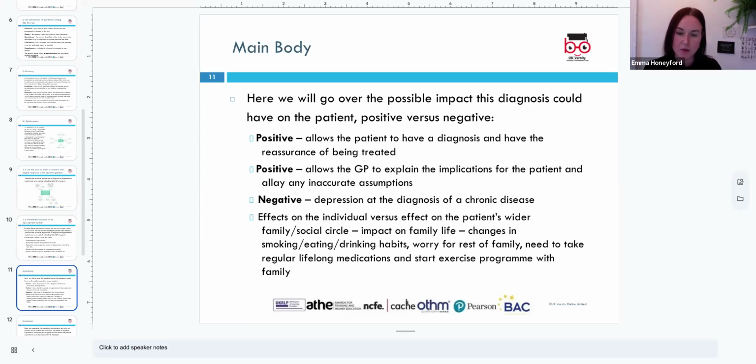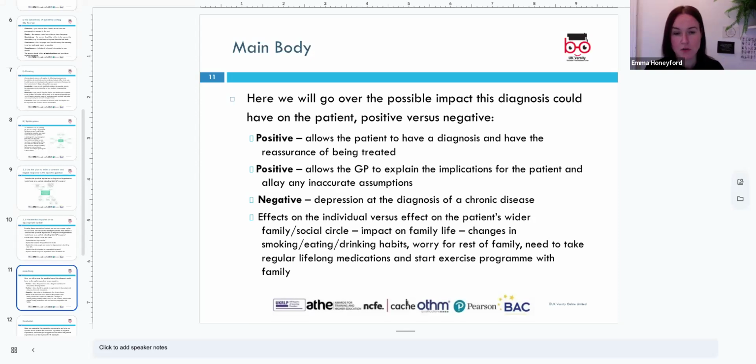Another positive: it allows the GP to explain the implications for the patient and allay any inaccurate assumptions. A potential negative impact could be that it could cause depression at the diagnosis of a chronic disease. It could be really triggering for the patient and give them a negative feeling.